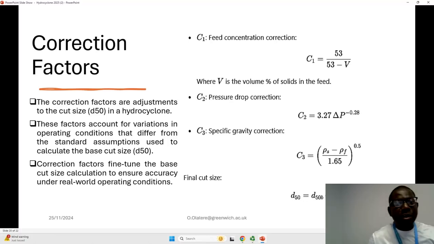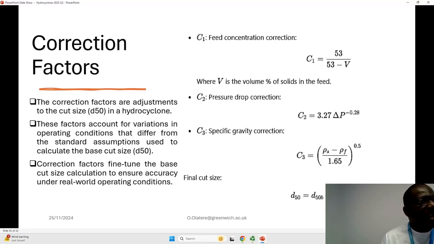So the correction factors are adjustments to the cut size in a hydrocyclone. Please listen. These factors account for variation in operating conditions that differ from the standard assumptions used to calculate the base cut size.